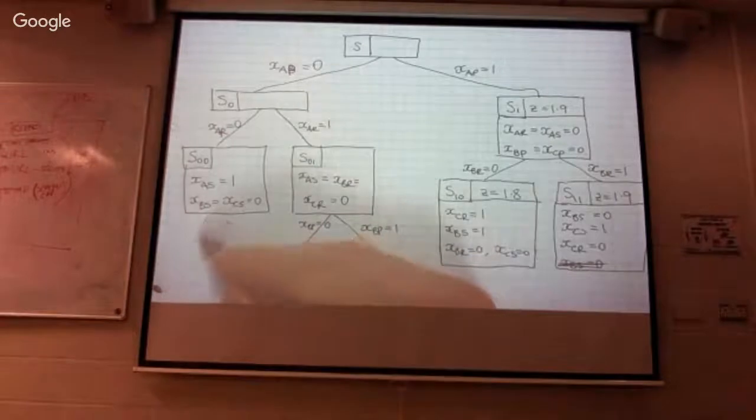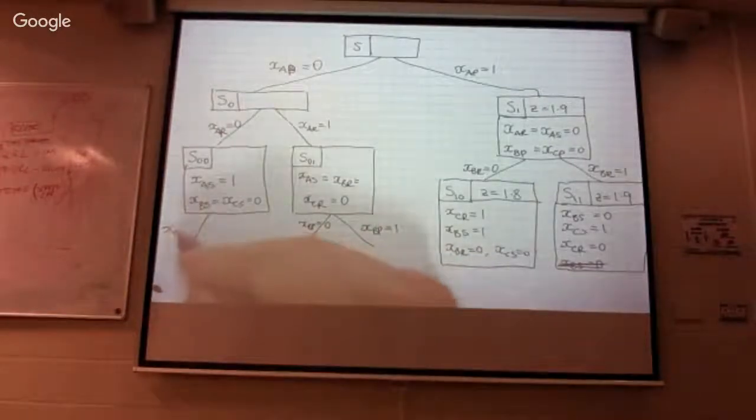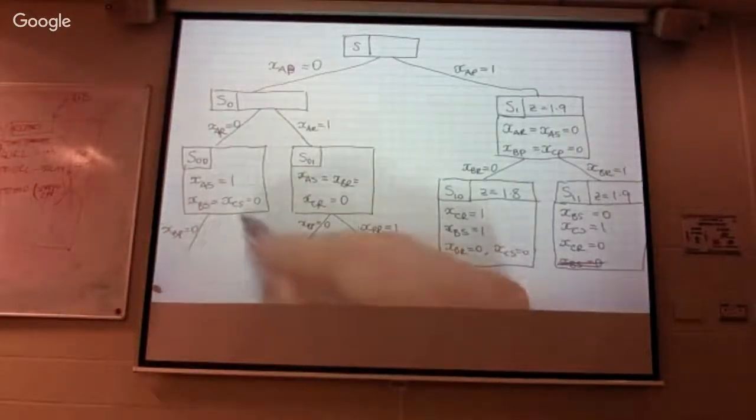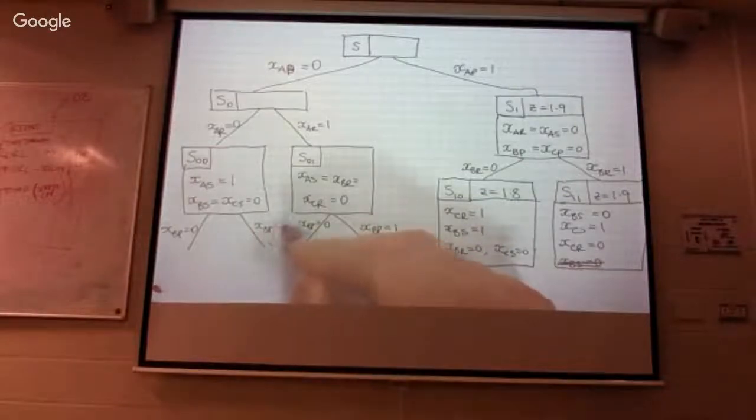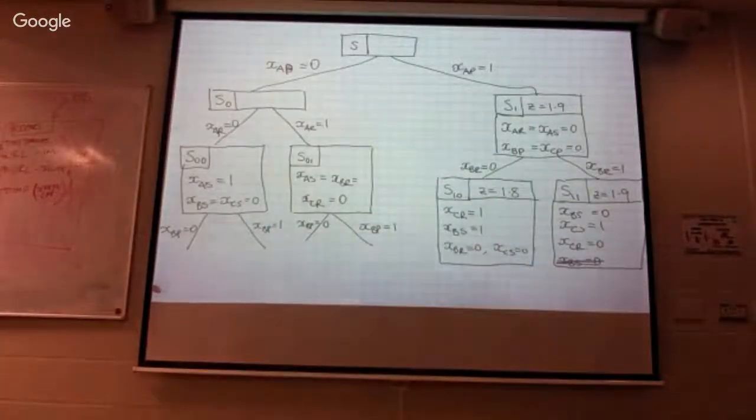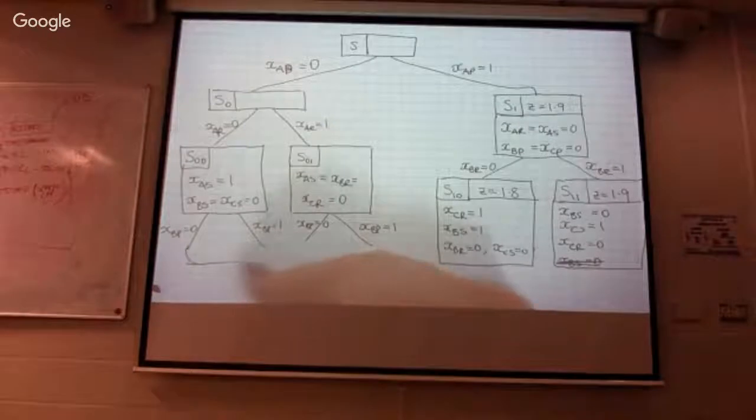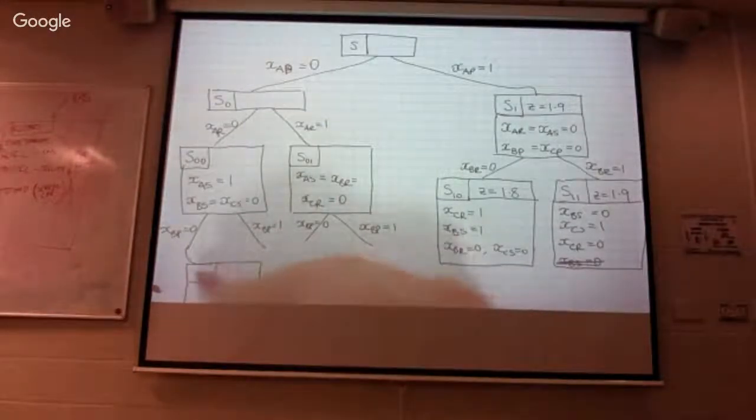And here I can take xbp, and either it's 0 or it's 1. So in this case, where xbp is 0, I get a problem which I call S000.